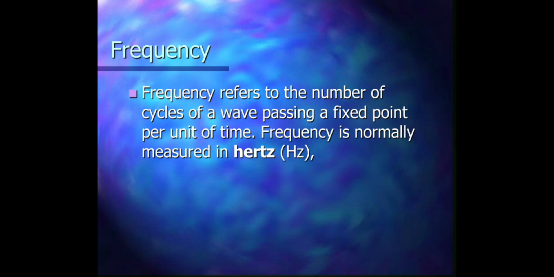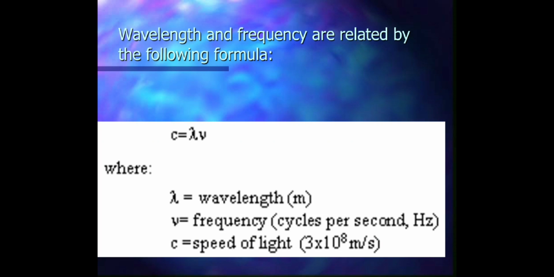This is not as important, but the important one is Max Planck's formula: C = λν. What is C? C is the speed of light, 3 × 10^8 meters per second. We have studied this many times in 11th and 12th science, in chemistry and physics.